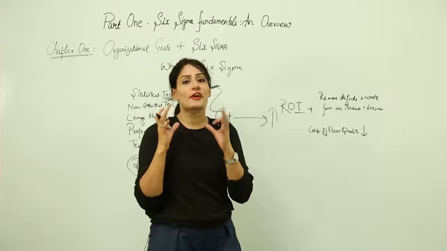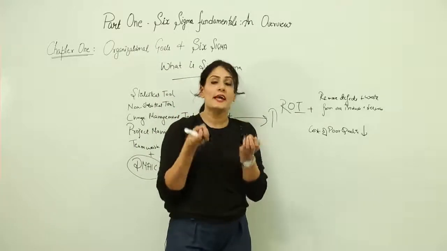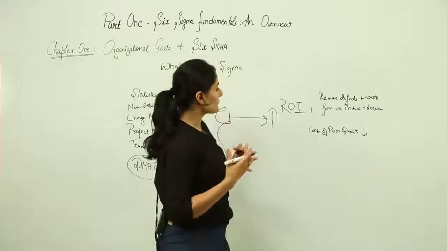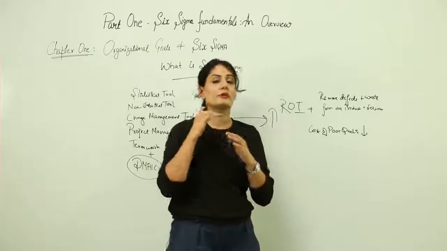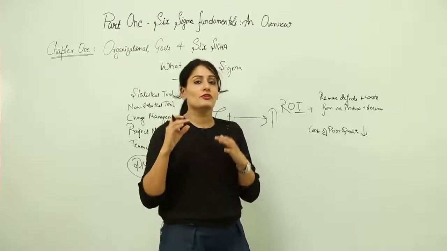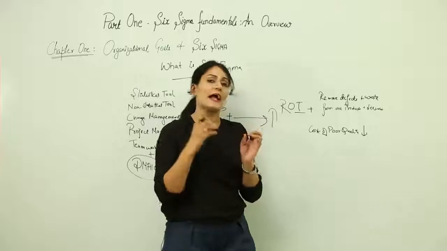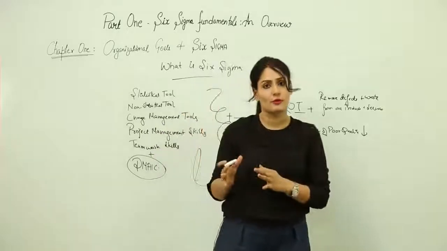Our customers are also really happy with our products and services because what they are getting is defect-free, error-free service. All this boosts the profits of any organization. So this is how Six Sigma helps to attain good profits and a good amount of customer loyalty.